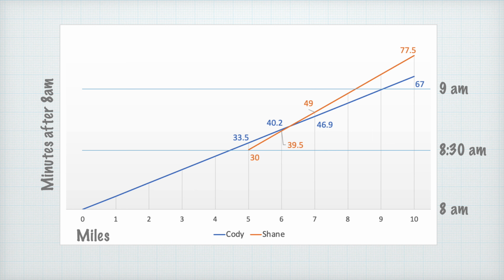Cody's in at 33.5 minutes, and then the point of impact is that 1.25 miles into Shane's race, or 6.25 miles into Cody's race. Overall, at that rate, Cody would finish 7 minutes after 9, and Shane's total race would be about 47 minutes, but it'll be 77 minutes after Cody starts his race.